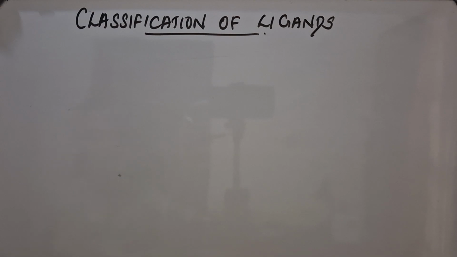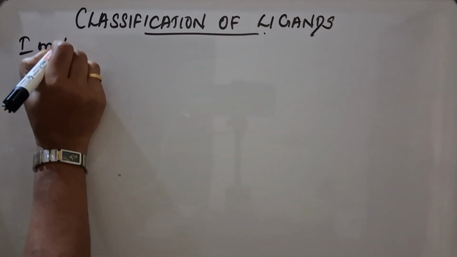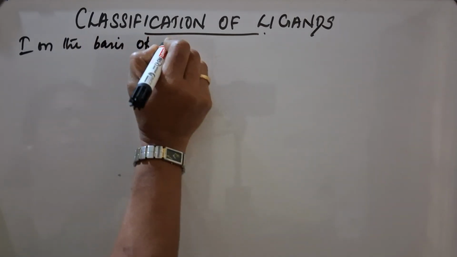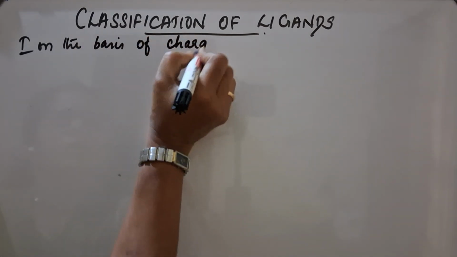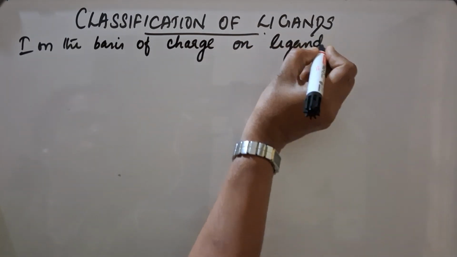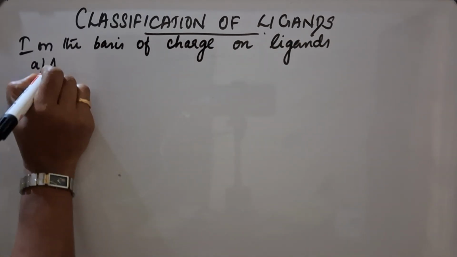First, classification on the basis of charge on ligands. The first one is anionic ligands.